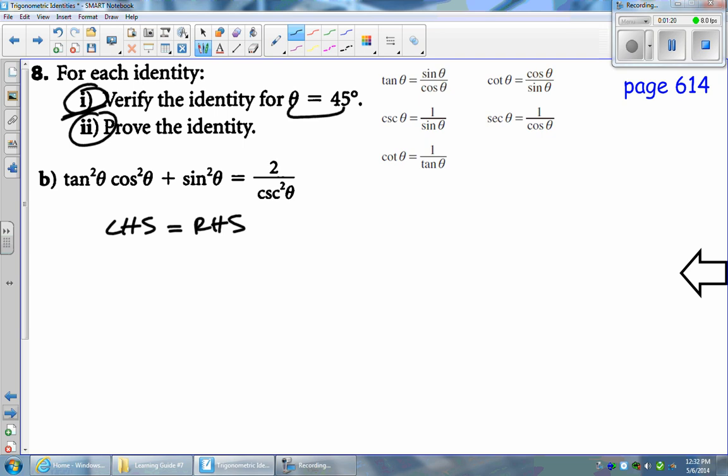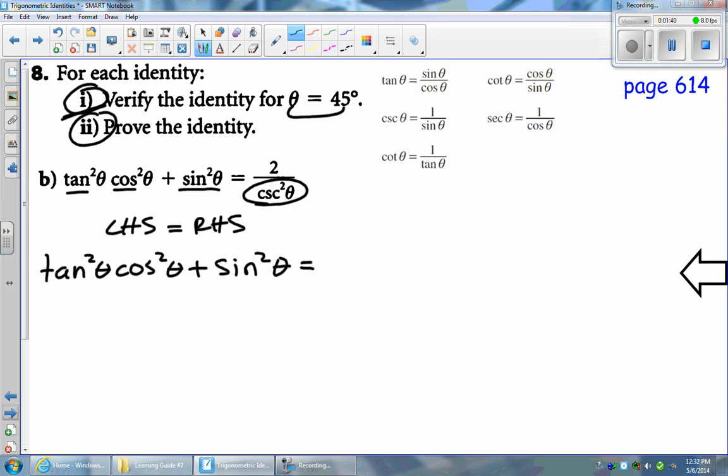Before I do that, if you look at each side of the equation, you want to make sure that you're working with primary trig ratios. By primary, I mean sine, cos, and tan. As you can see here, this is not primary, so I'm going to convert that. So what I have here is tan squared theta, cos squared theta, plus sine squared theta. That's going to stay exactly the same.